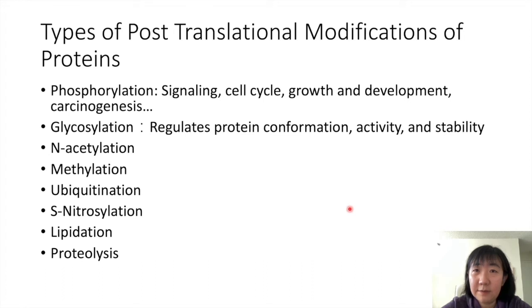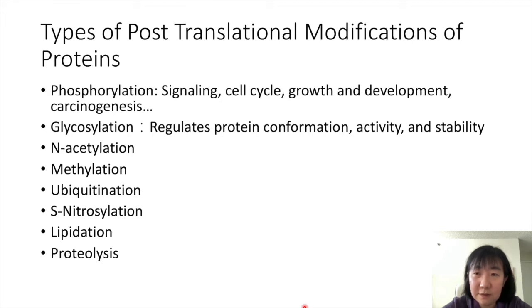There are several types of PTMs. Not only these, there are more. And the most important ones are glycosylation, phosphorylation, acetylation, and methylation. These PTMs can dynamically alter the structure, stability, and function of protein in the cells.